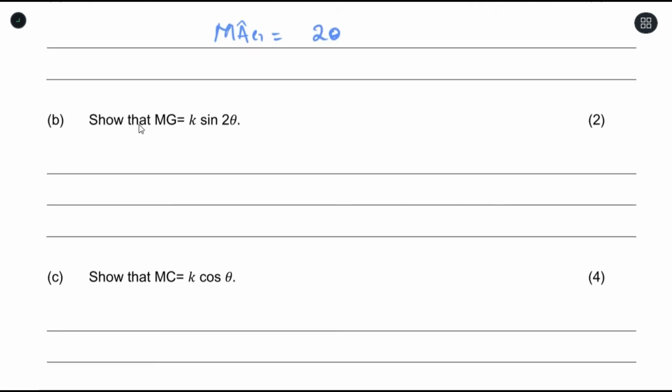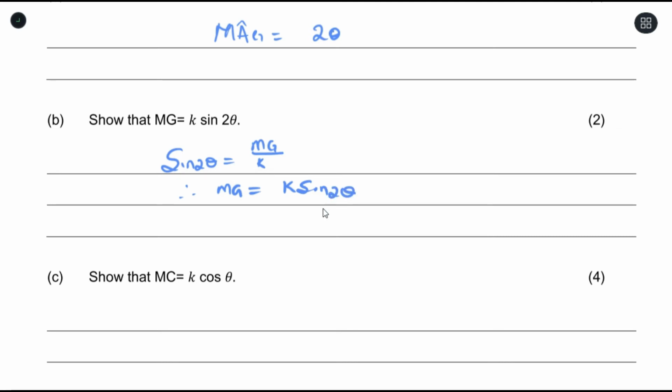I could say sine 2 theta is equal to MG over K. And therefore, MG will just be K sine 2 theta. And that's exactly what they wanted.